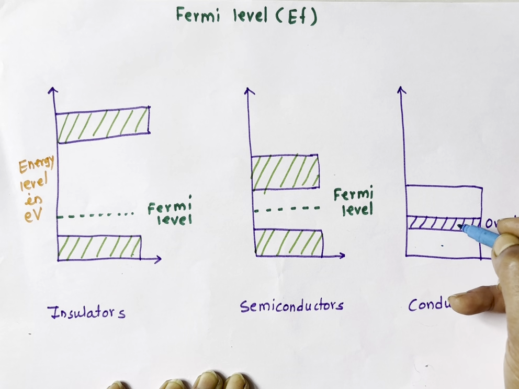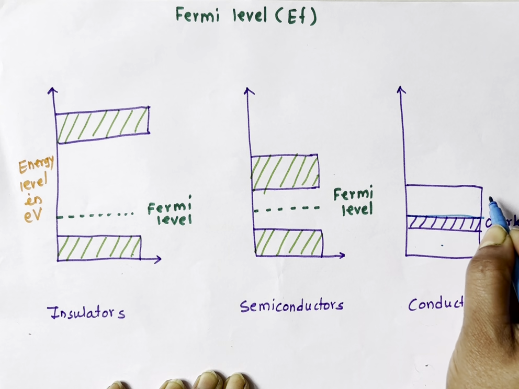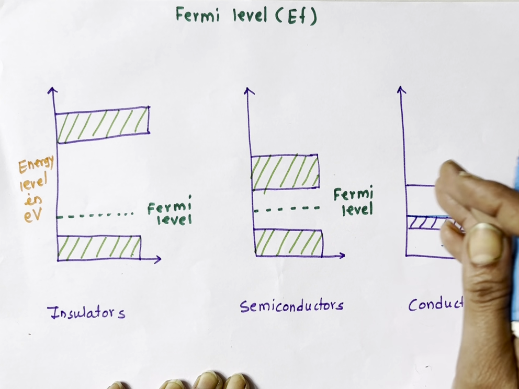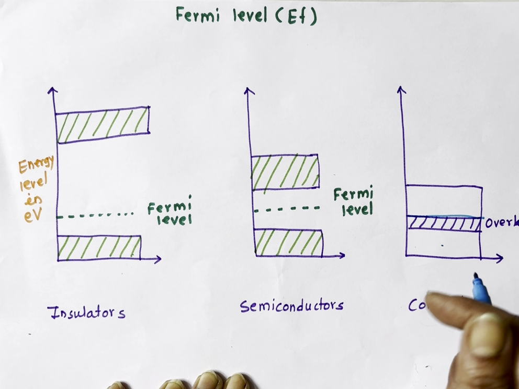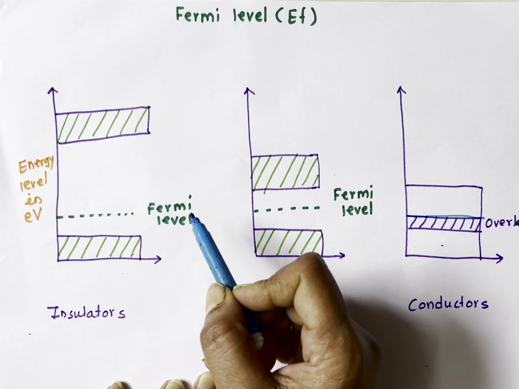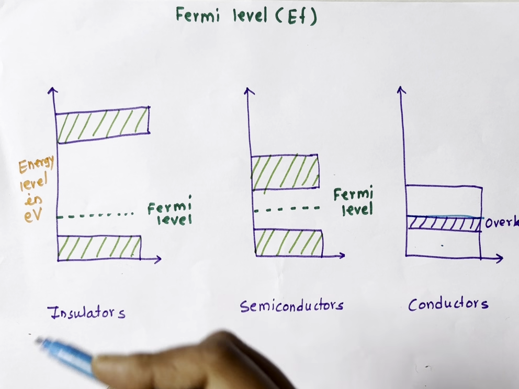They are overlapped, so the Fermi level is in the conduction band itself. So many electrons are free to move even at zero temperature. So this is the Fermi level, where the probability of finding electrons at absolute zero temperature is 50%.